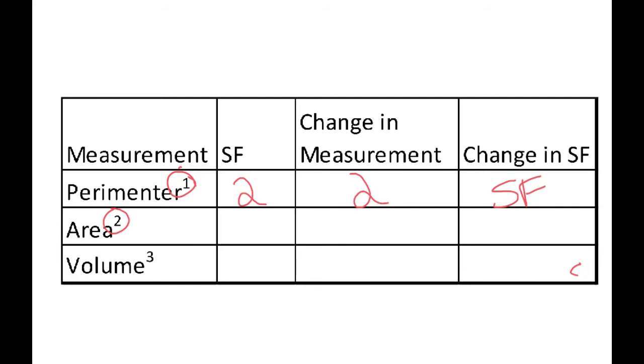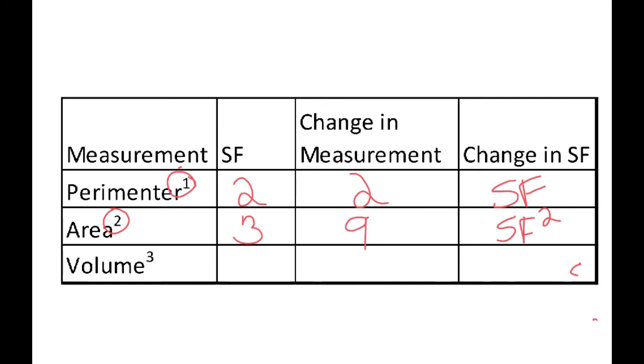So when I took my scale factor of 3 and applied it to the radius of the circle, the change in measure of the area between the two circles had a scale factor of 9. Whenever I take 3 and I square it, I get that scale factor of 9. If I have the area of a smaller figure and I'm applying a scale factor, I can square that scale factor, multiply it times the original area, and it will give me the area of the new figure.